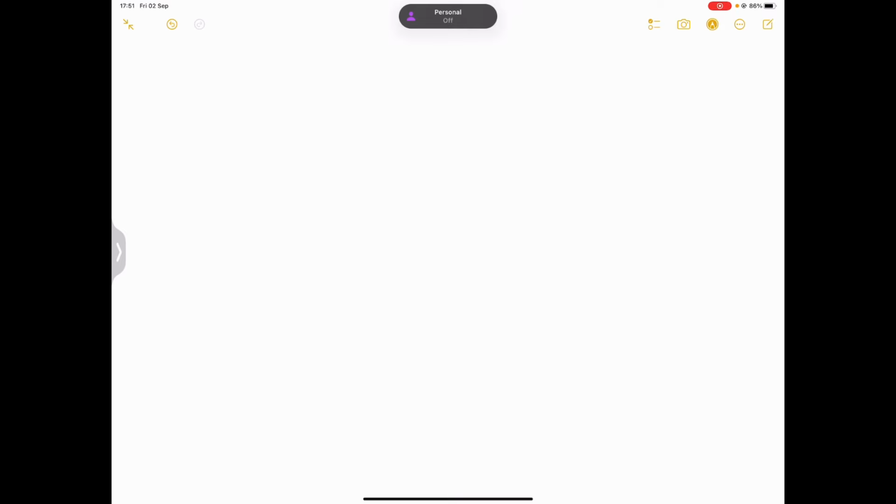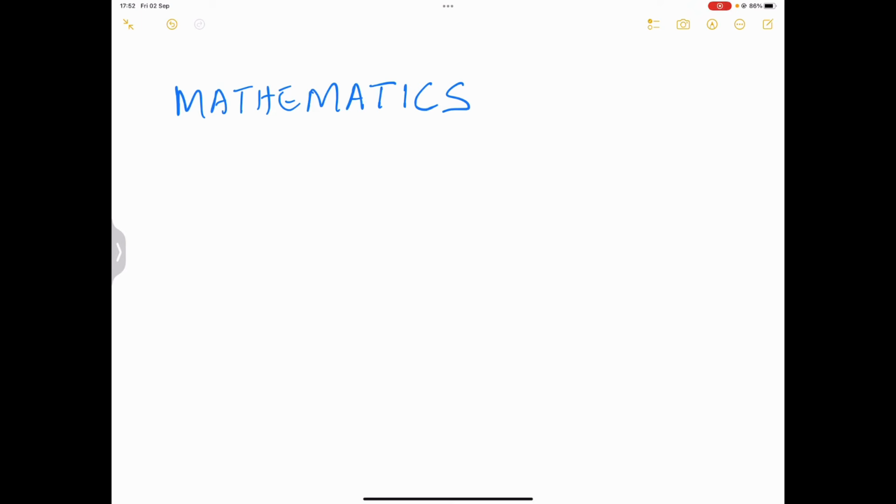So if we take, for instance, the word mathematics, we take it as though each letter is different. How many different ways could the letters be arranged if repetition in this case was allowed?